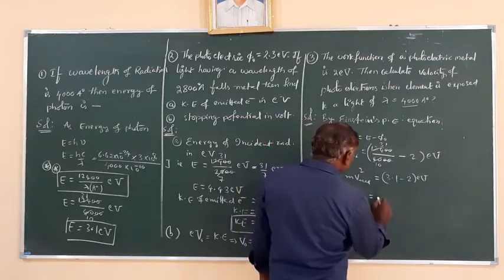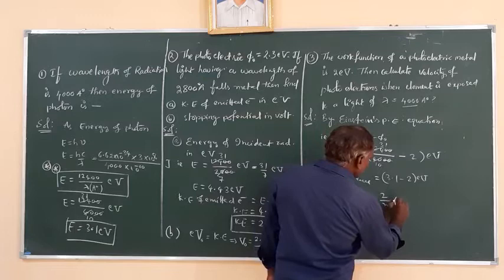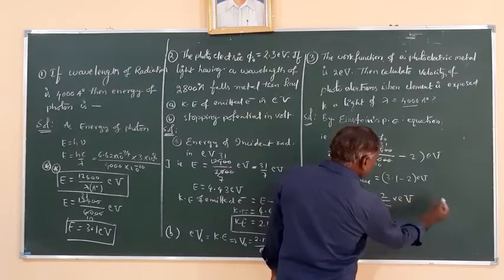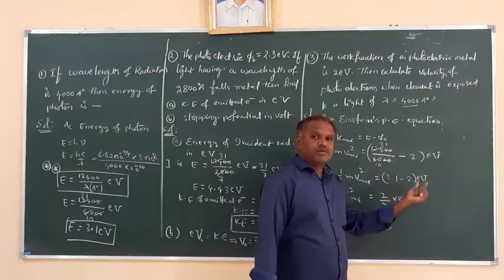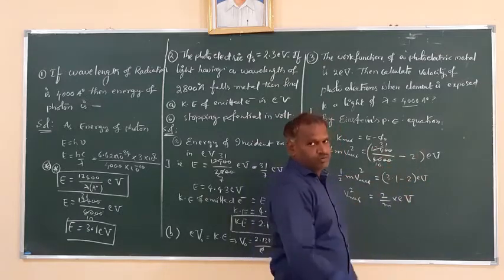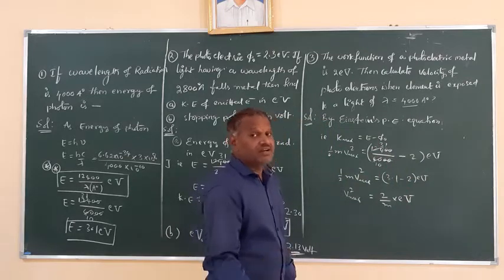So I can write it here as 2 by m into electron volt, EV. So this electron volt you write in terms of energy in joules. 1 electron volt is equal to 1.6 into 10 power minus 19 joules.